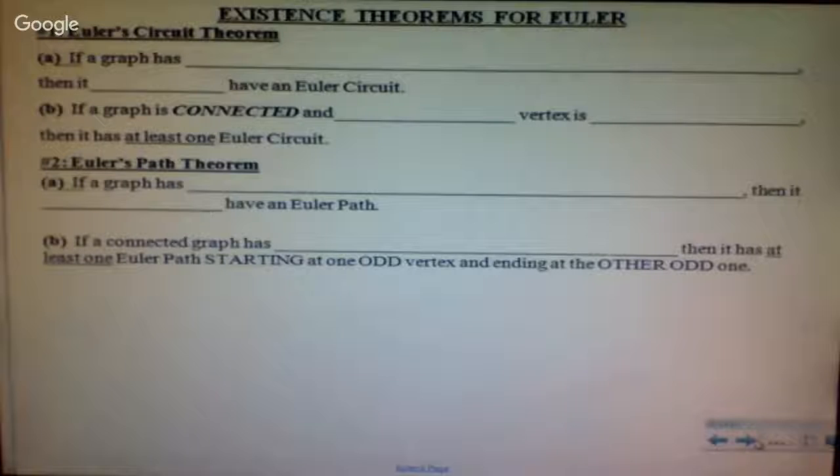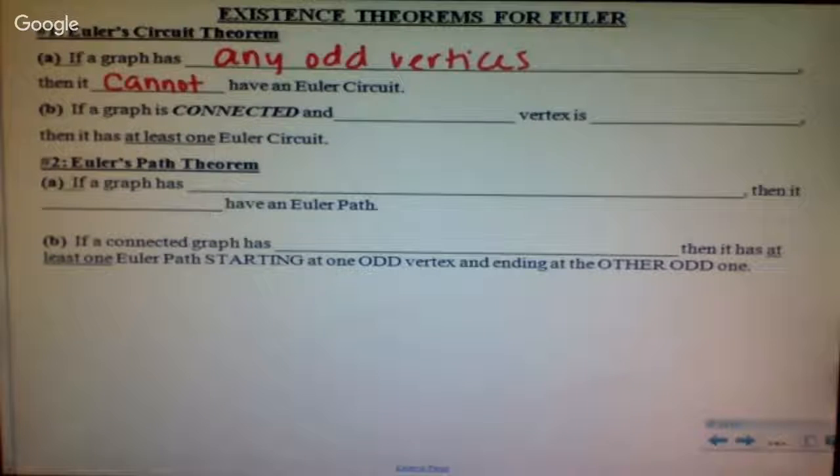So, this is everything you just said. Euler's circuit theorem says, if a graph has any odd vertices, it cannot have a Euler circuit. That's what you just discovered. If there's any type of odd vertices, there is no Euler circuit.